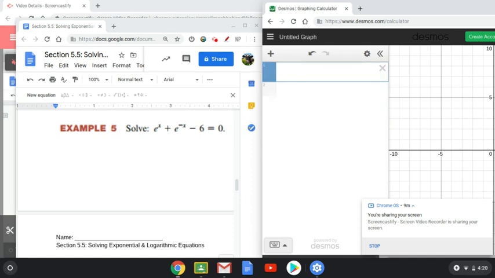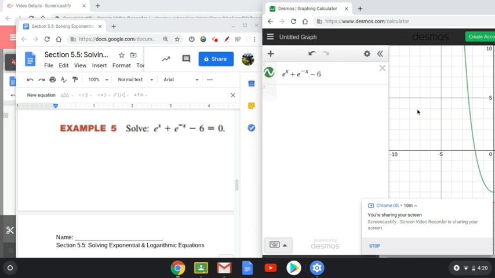Always remember, solving equations is the same thing as finding an intersection. So what you're actually looking for here is where does this big old ugly expression intersect 0? Well, I can find that using Desmos. So what I'll do here is I'll type in e to the x plus e to the negative x minus 6.